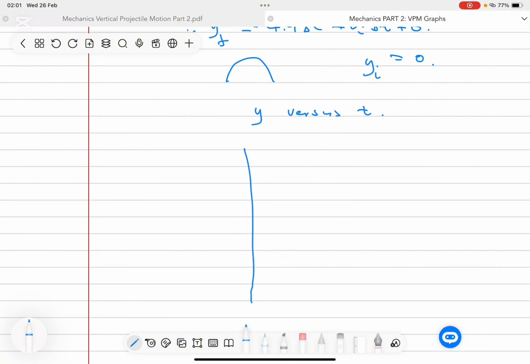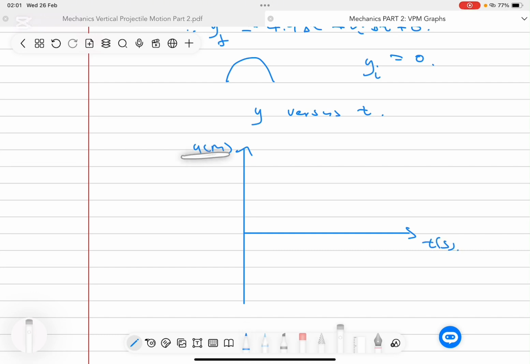Let's try to draw a nice Cartesian plane. We said this will always be the dependent variable and this will be the independent variable. So always here I'm going to have my position measured in meters, then I'm going to have the time measured in seconds.